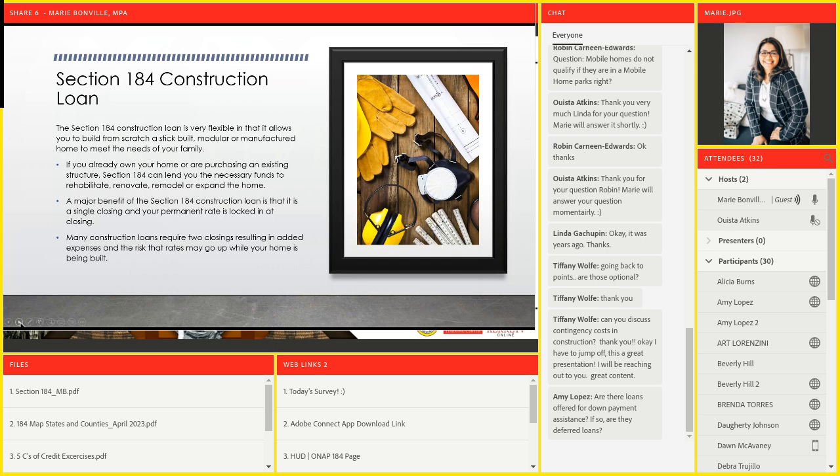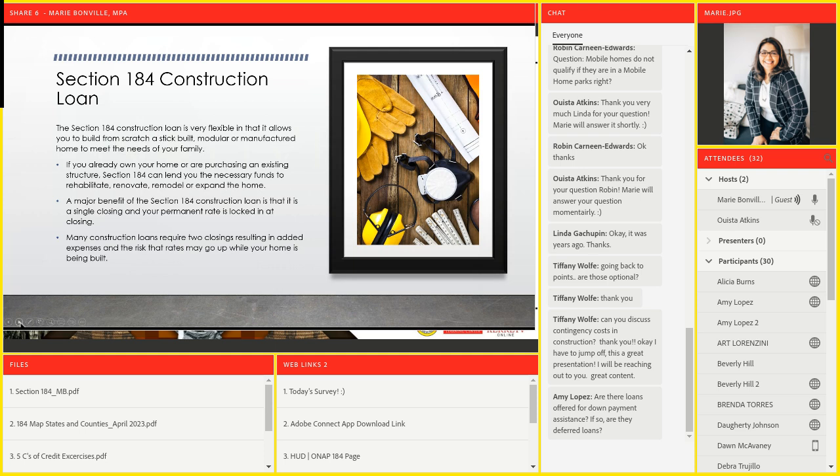HUD isn't making any upfront payments to the construction company. They are going to do a schedule of payments based on the work performed, so the work has to be performed in order for them to move forward. And of course, you can use this to rehabilitate, renovate, remodel, or expand a home. But the major benefit is that it's one closing, so you only have to do that once, whereas in some cases you have what's called a second closing. Your permanent rate is locked in at the time of closing.